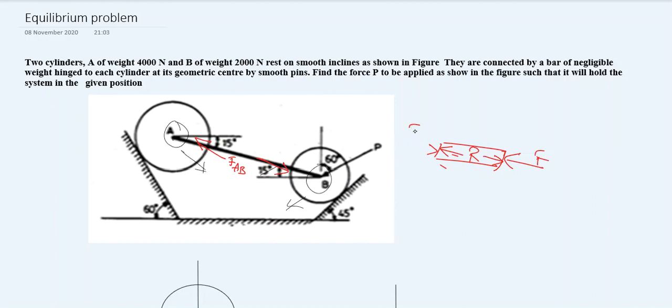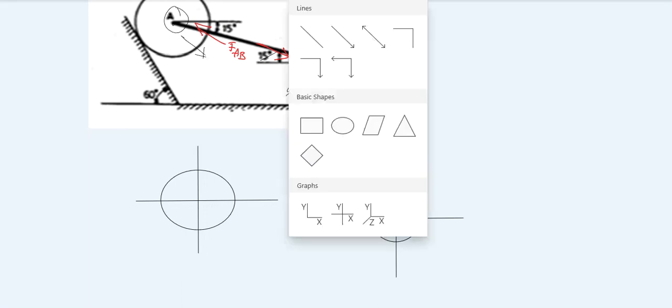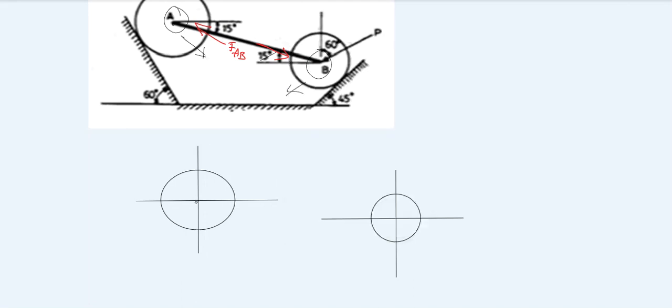Let us find. Before explaining anything, we must draw the free body diagram for the given problem. See, we have two rollers with weight vertically downwards. So this weight is vertically downwards, that is 4000 newtons.